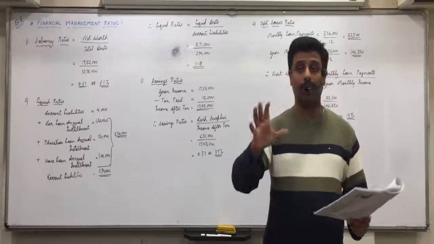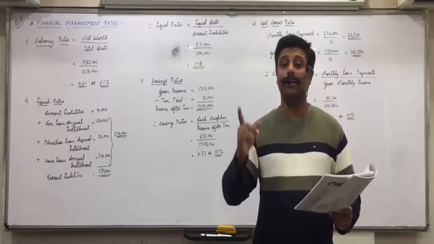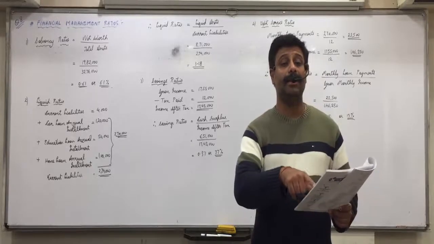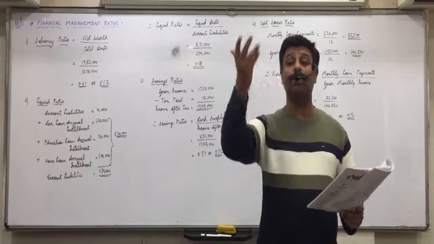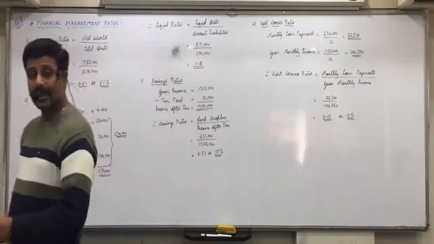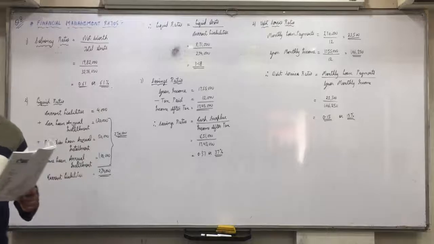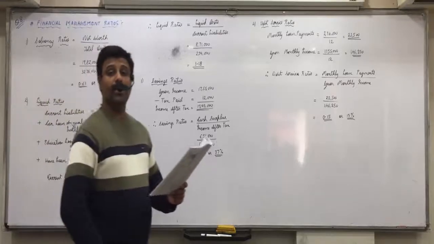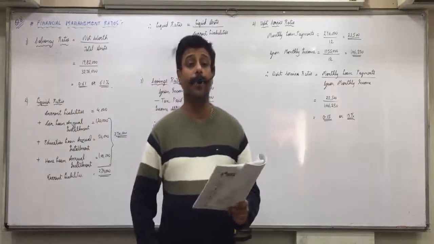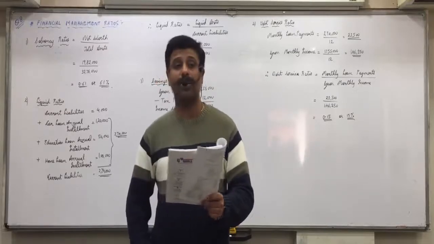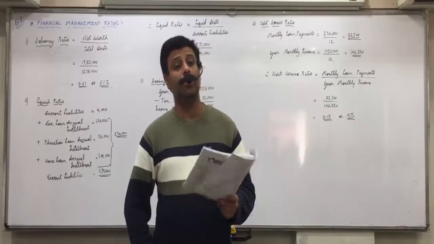So how much loan should be outstanding in the last year? 12,25,000. But the loan outstanding is only 9,75,000. Means how much down payment would we have done already in the last year? 2,50,000. Did everyone understand this? Those workings we will make in the beginning. Raise your hand if you did not understand this. What is the loan outstanding last year? Current year, 7 lakhs. So how much loan are you paying annually? 2,75,000.